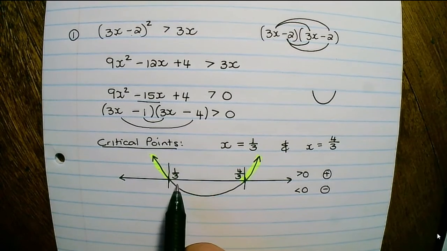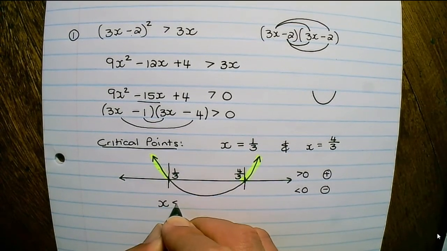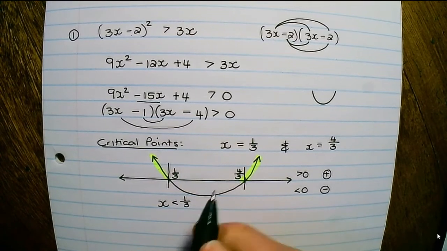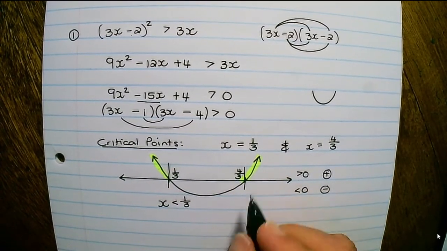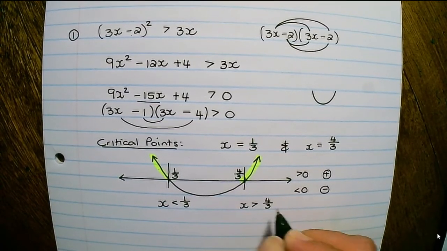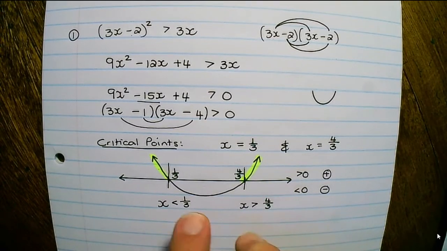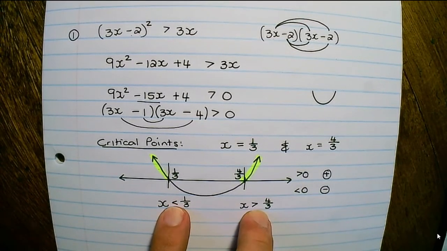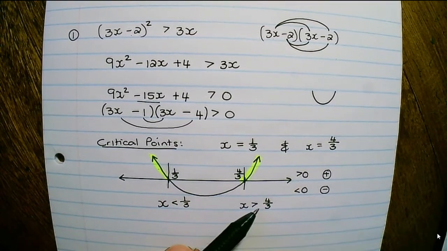And because we're looking for values bigger than 0, I can see that x must be smaller than a third, or from a third I need to move more to the left, and x must be bigger than 4 over 3, or to the right, all the values to the right. And you can see the inequality almost works like an arrow that points to the left and to the right.